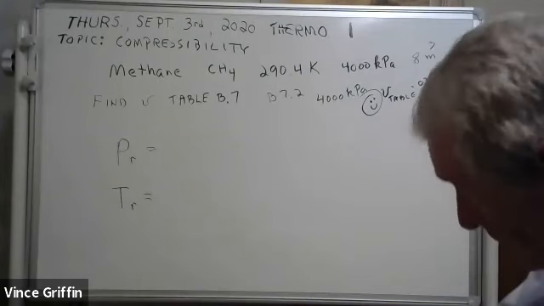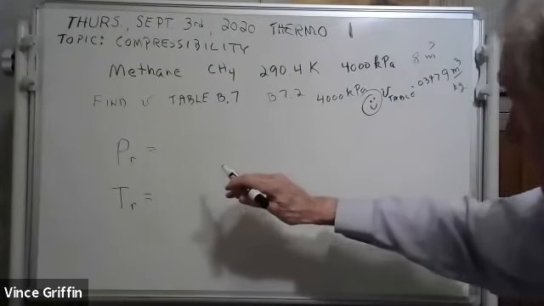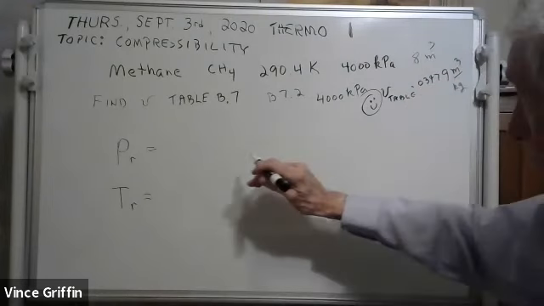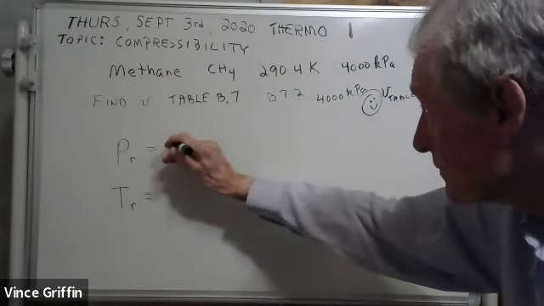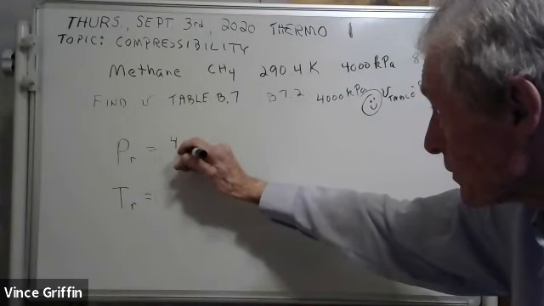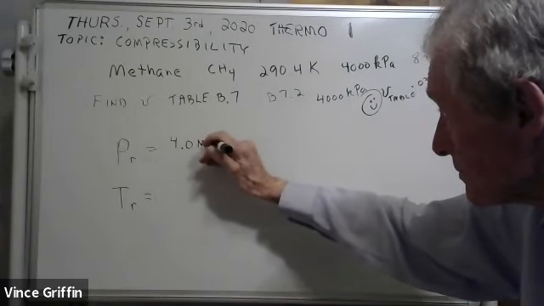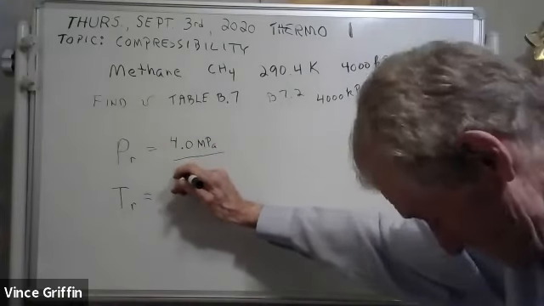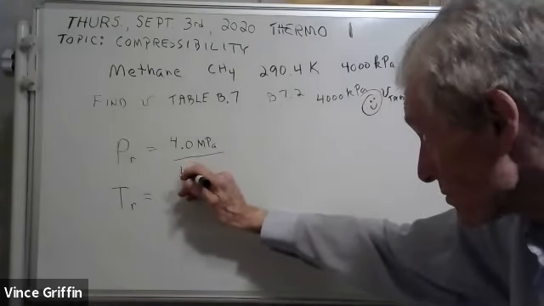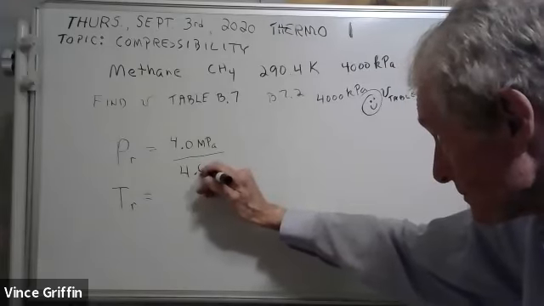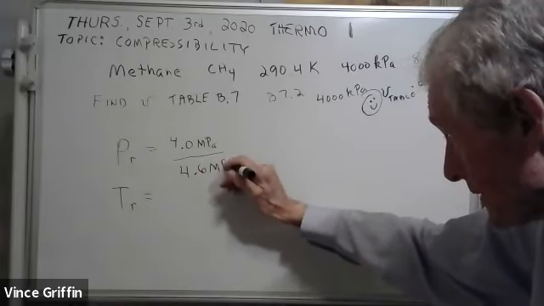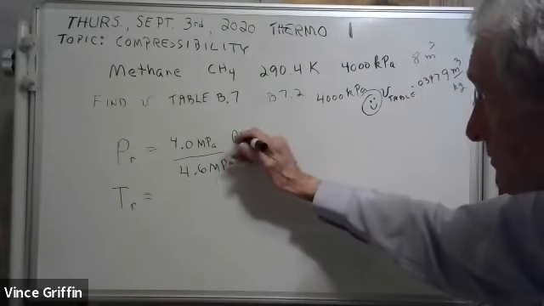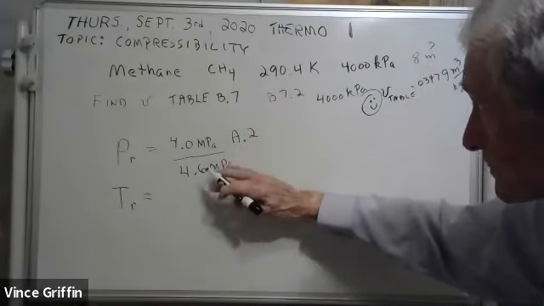So you take your pressure, which is 4 point, we'll do it in megapascals, and you divide by 4.6. Now I found that on table 8.2.